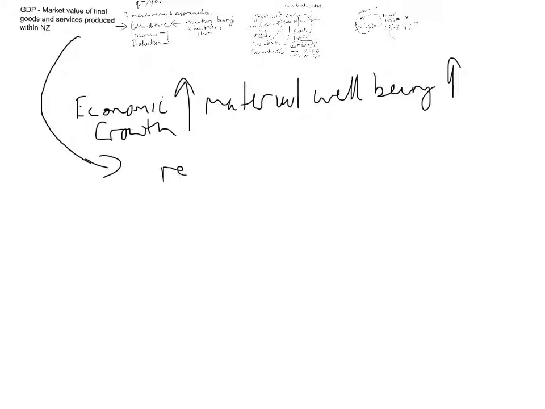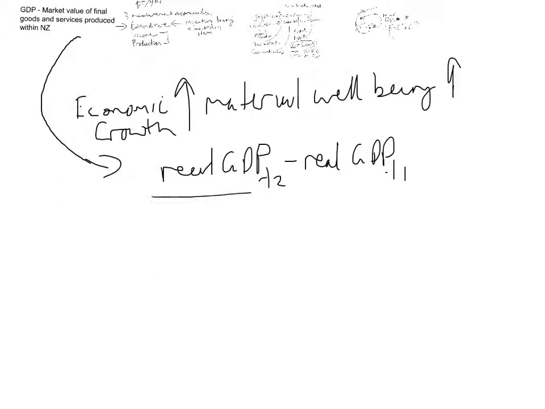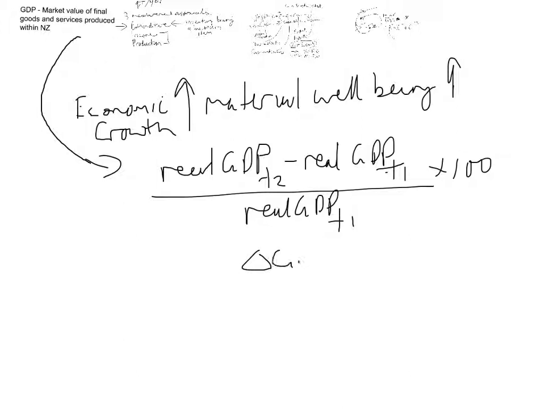Well, it's just the real GDP at T2 minus the real GDP at T1, divided by the real GDP at T1, times 100%. So it's a percentage growth rate in real GDP, isn't it? It's the change in GDP over the base GDP.